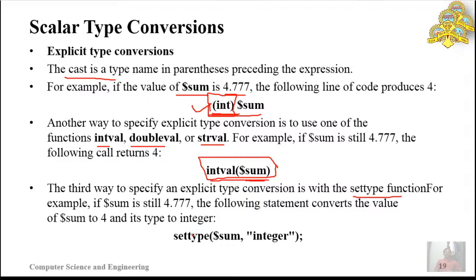Here settype takes two parameters: the variable name itself and the type to be converted to, for example integer. Now the value stored in the variable $sum is converted directly to integer. So if it is 4.777, it will be converted into 4 within the variable itself.